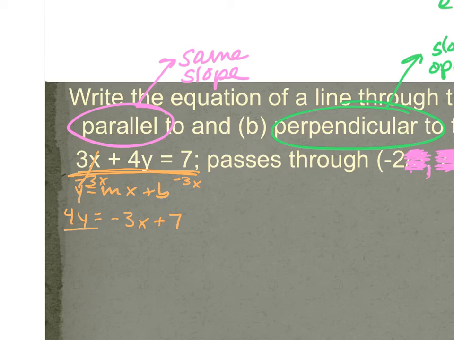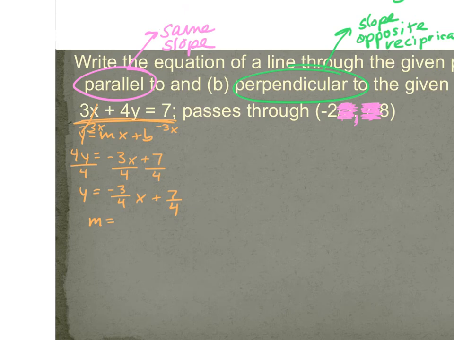So we're going to divide everything in our equation by 4. So we have y is equal to negative 3/4 x plus 7/4. So what's our slope here? Negative 3/4. Negative 3/4, perfect.